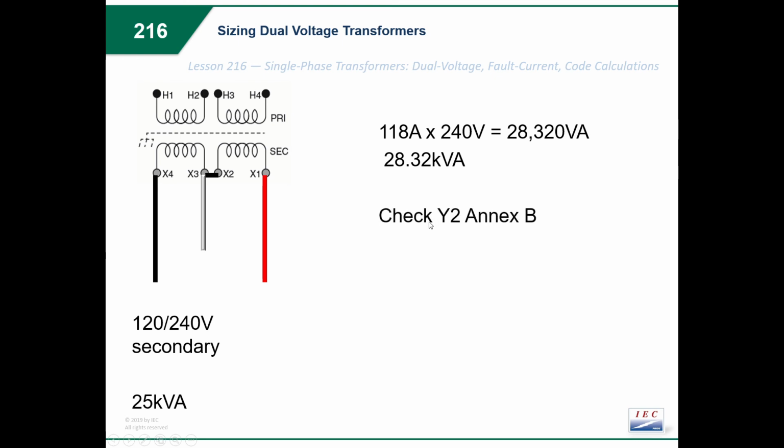They tell you in your book, you can check Annex B, the back of your student manual. That gives you some standardized transformer information. If you check that, you'll find the next standard size from 25 kVA is actually 37.5 kVA. So that's the transformer we're going to have to select. We can take this one step further and find out how many amps that is actually going to give us on each phase.